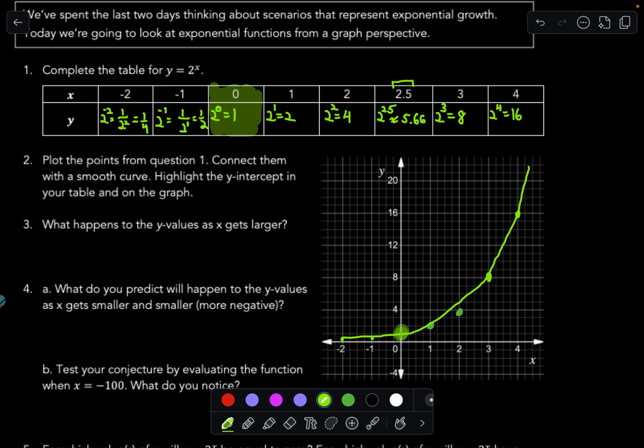Notice it is smooth. And it apparently keeps going up the further to the right we get.